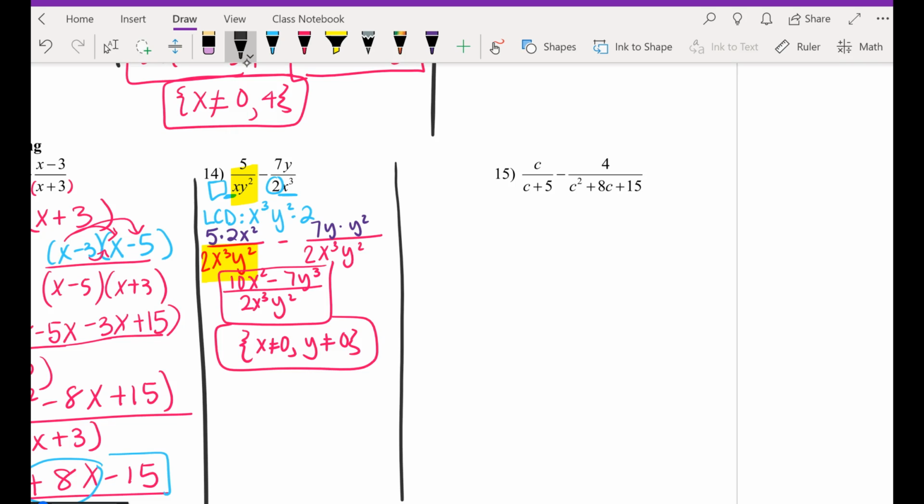Guys, number 1, what do you do first before looking for the LCD? Right. Factor. The LCDs are C plus 3 and C plus 5. Is it factorable? C squared plus 8c plus 15? Yeah. Okay.